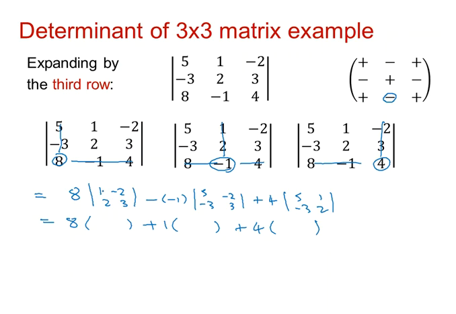This determinant is 3 minus 4, which is 7. This one is 15 minus 6, which is 9. And here we have 10 minus 3, which is 7. So we've got 56 plus 9 plus 52, which is 117 again.